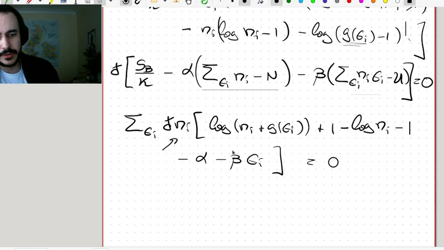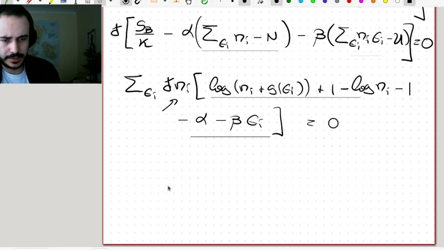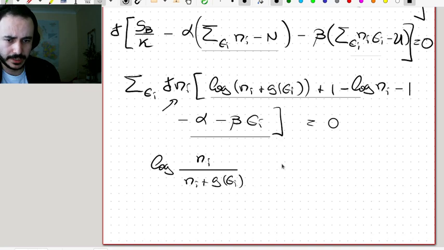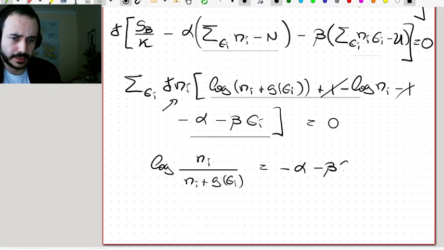For arbitrary variations, the bracket has to be equal to 0. And what this is saying is that the log of (n_i + g_i) divided by n_i equals minus alpha minus beta epsilon_i. So, okay, you exponentiate and whatnot.